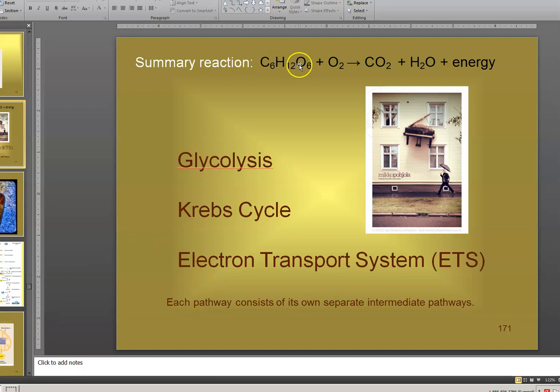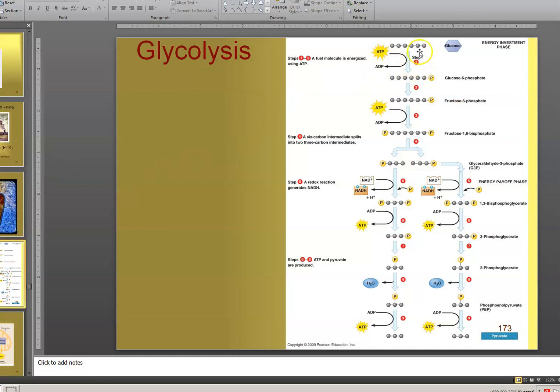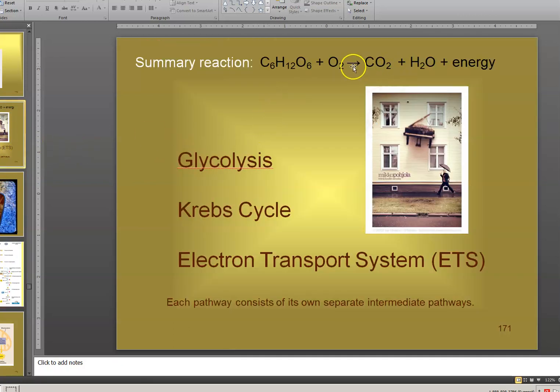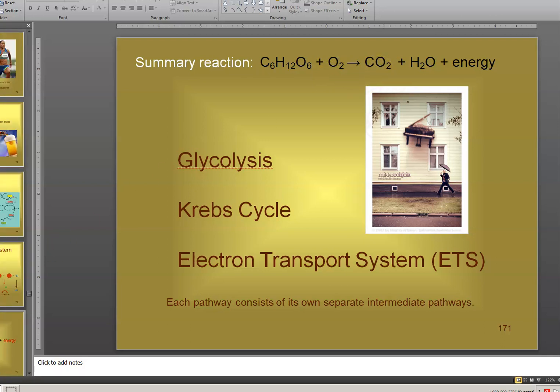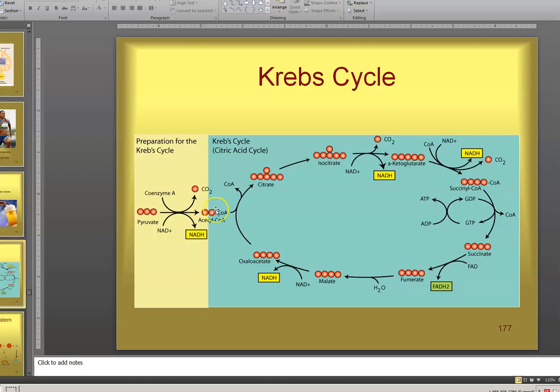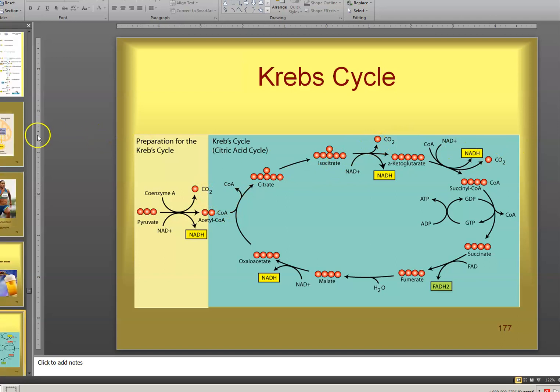So we've accounted for the glucose, which we started this whole process with, right? Let's go back here. There's the glucose at the beginning of glycolysis. We accounted for the oxygen, which picks up hydrogens at the end of the cytochrome system. We accounted for the carbon dioxides, which come off in the Krebs cycle, here, here, and here.